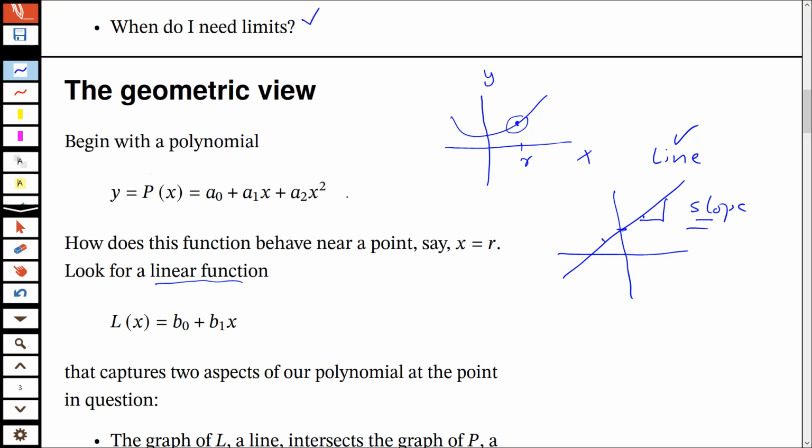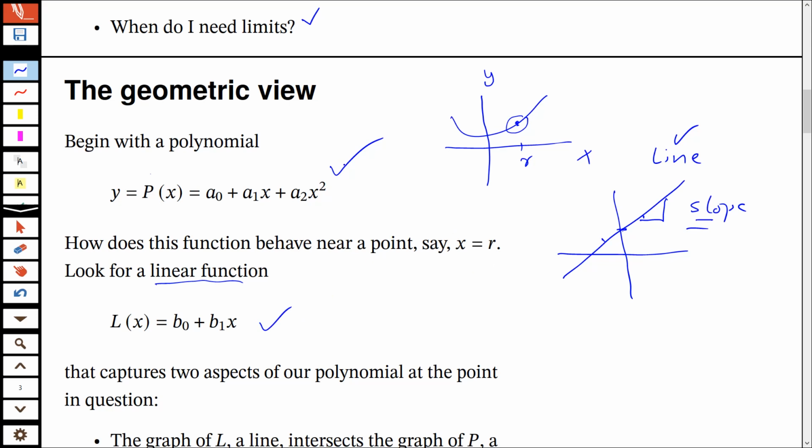So I have a curve, in this case representing a quadratic polynomial, and I'm looking for a simpler function which has just two properties, the slope and the y-intercept, and I want to see how I can connect these two functions: the simpler one which has just two properties, and the complicated one.